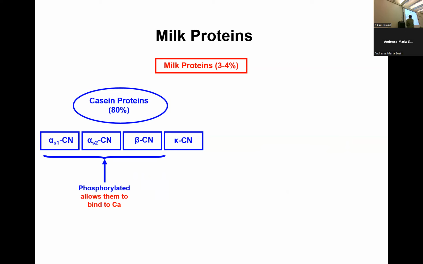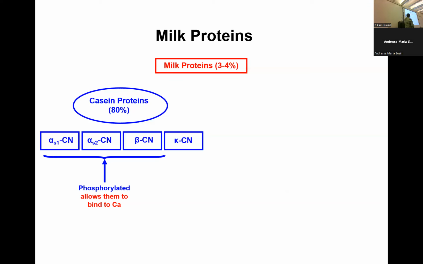A lot of these serine residues on these caseins get the phosphate group. This allows them to bind to calcium. The phosphates form bridges with the calcium and another phosphate on a different serine residue, and then it forms the calcium phosphate bridges that stabilize some of the casein molecules within the casein micelle.